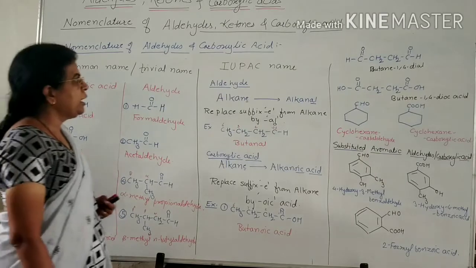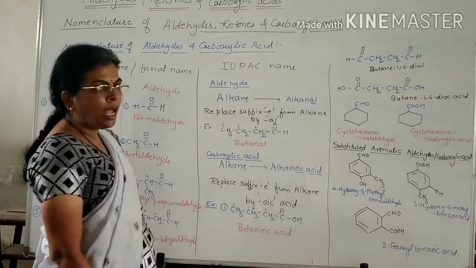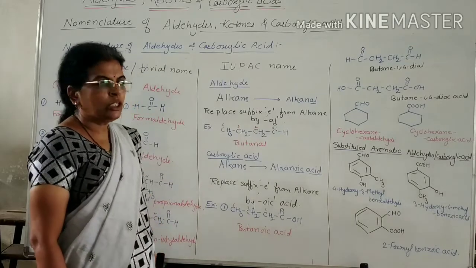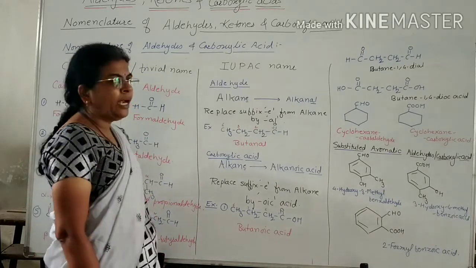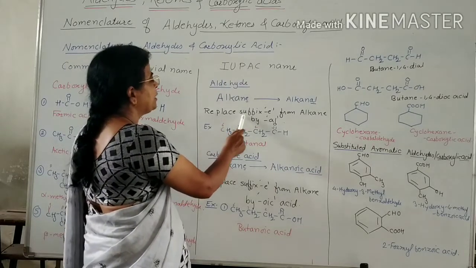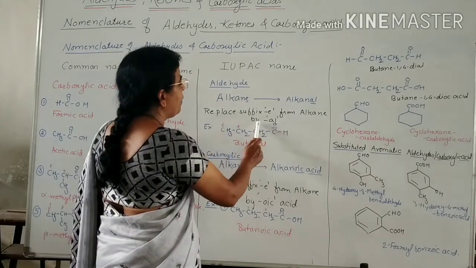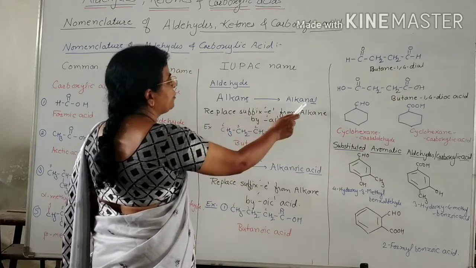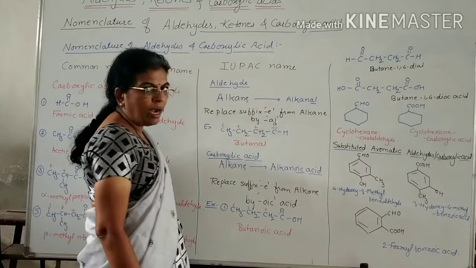Now we are going to see IUPAC names or IUPAC nomenclature. According to IUPAC nomenclature system, aldehydes are named as replace suffix E from alkane by AL. That is, this is alkane, E is replaced by AL in case of aldehyde.